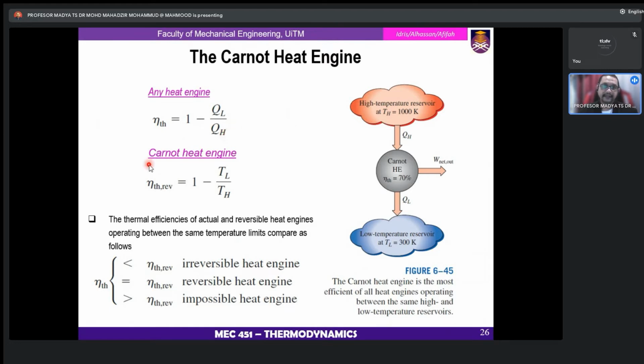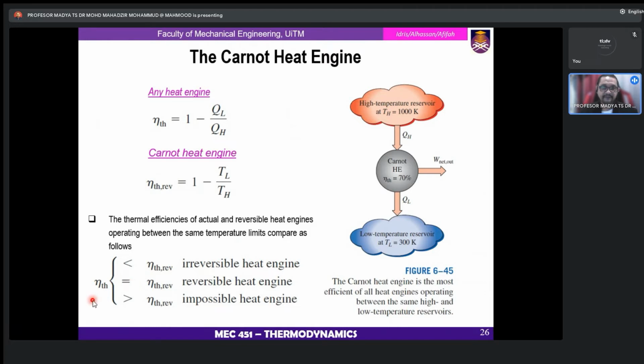But for Carnot heat engines, the thermal efficiency is 1 minus temperature low over temperature high. The thermal efficiency of actual and reversible heat engines operating between the same temperature limits compares as follows. This is the comparison when you make the analysis.